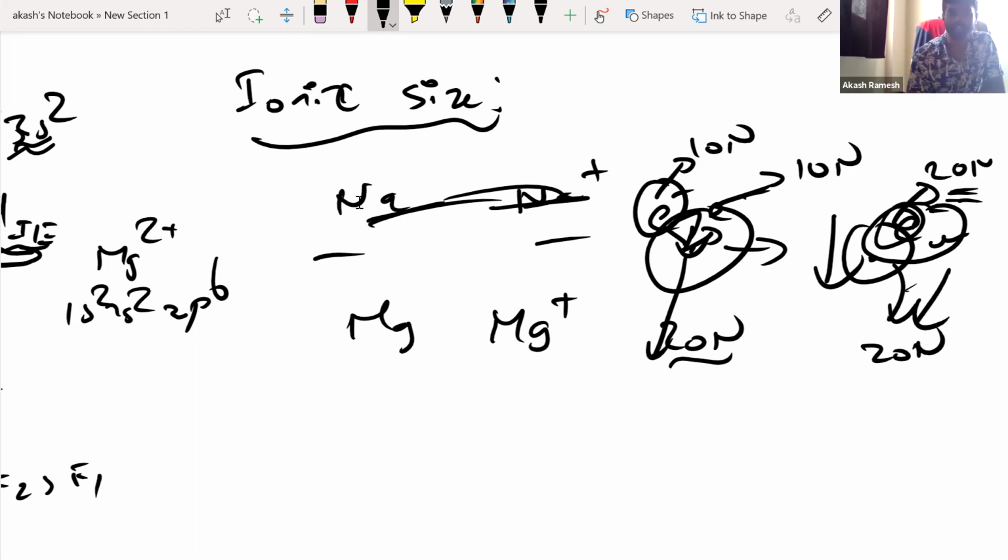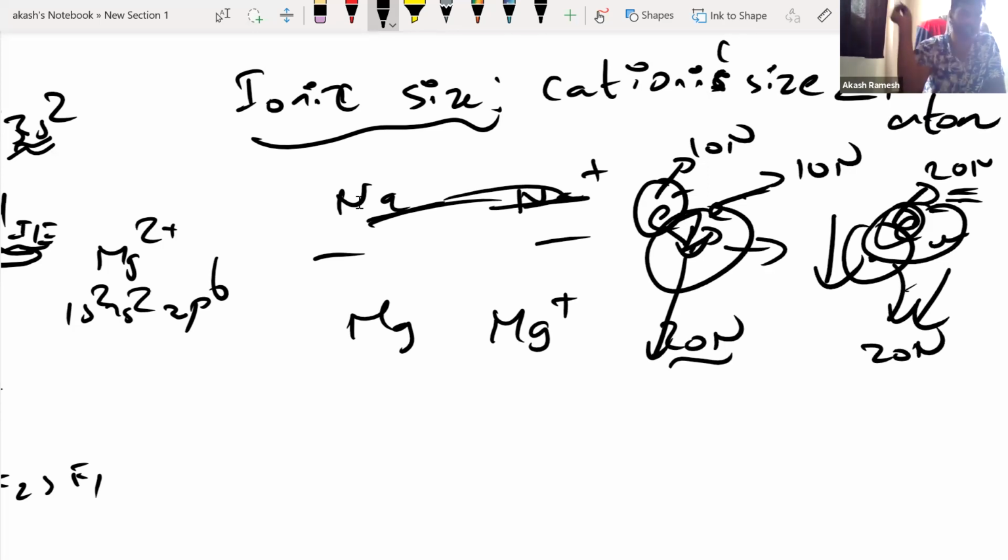If I ask you which has more size, remember this is always a point: cationic size is always lesser than the parent atom, whatever the element is.